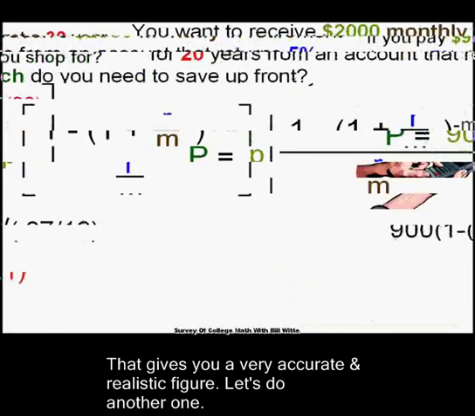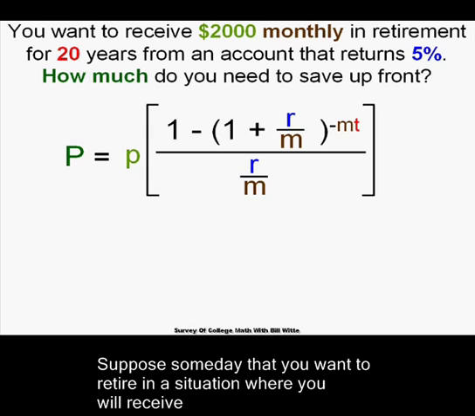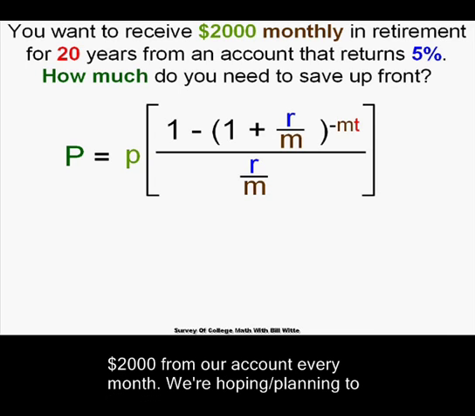Let's do another one. Let's suppose that in this case the payment's going to be not from us but to us. Someday we want to retire and we want to be able to receive $2,000 from our account, $2,000 every month in our retirement. And we're hoping we're going to live for 20 years beyond that. So we're planning for that, okay?